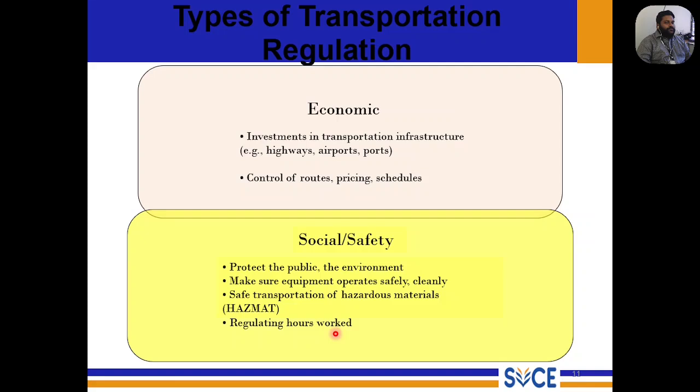Right now we are building metros in our cities, so regulating hours might be after 10 o'clock at night until 6 in the morning. These are the regulating hours in which they can work without intervention from the public.